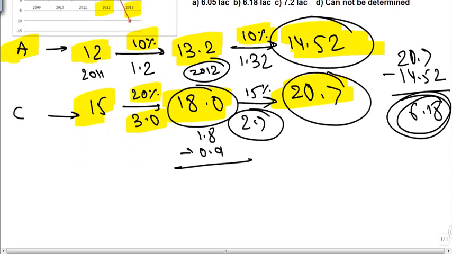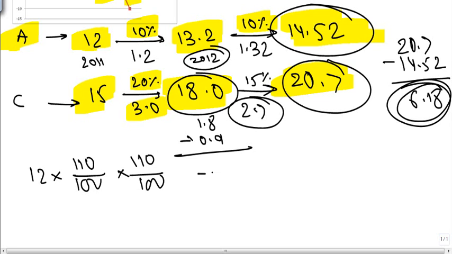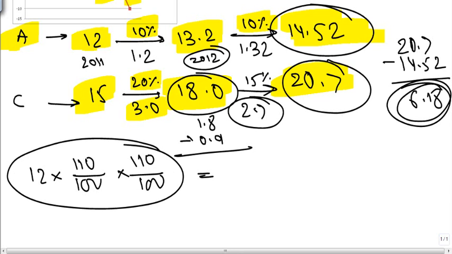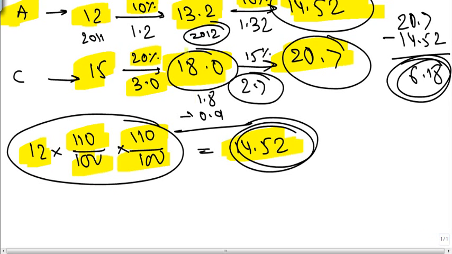6.18. The other way of doing it was, listen, if A's profit is 12, first year increased by 10%, again increased by 10%. This way we can also solve. 10% increase, again 10%, solve it, the answer will be the same, 14.52.